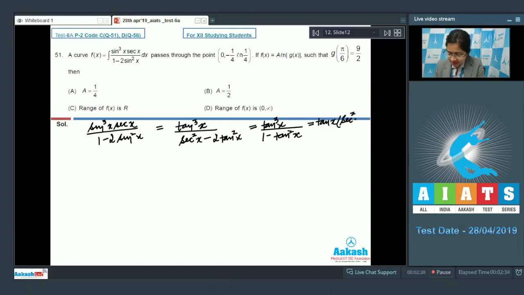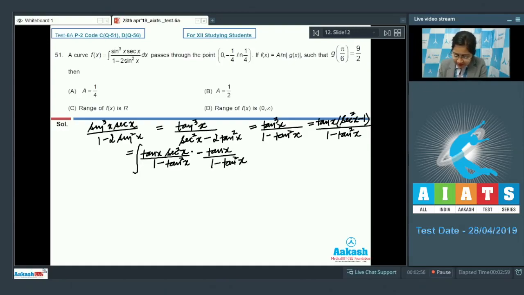So it can be written as secant square x minus 1 upon 1 minus tan square x. So it can be written as tan x into secant square x divided by 1 minus tan square x minus tan x upon 1 minus tan square x. So we have to find the integral of these two terms.